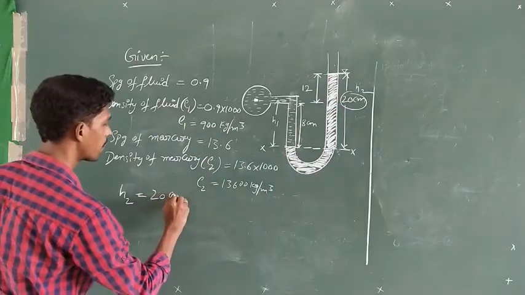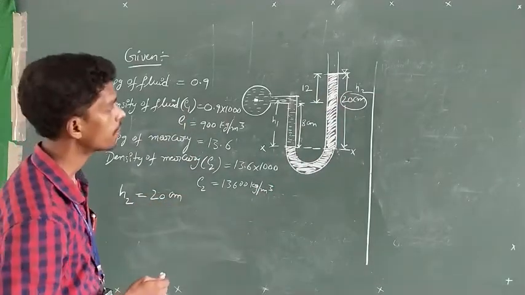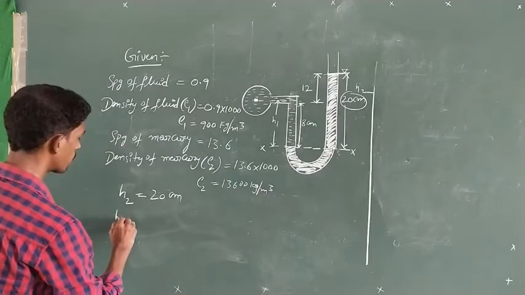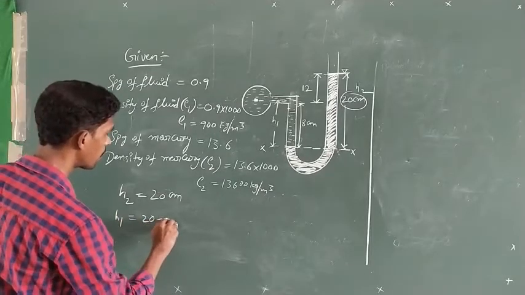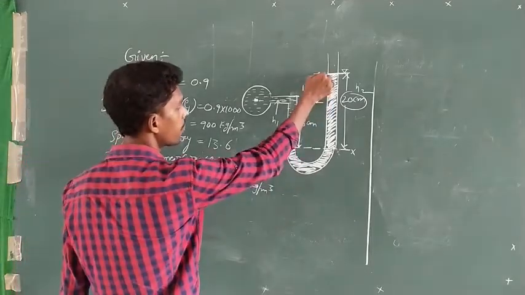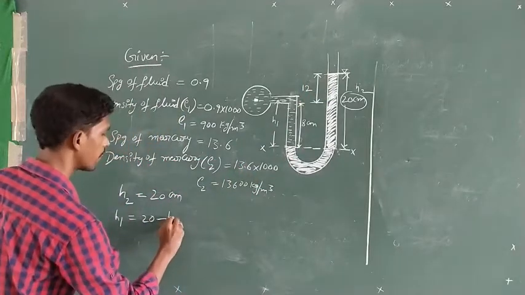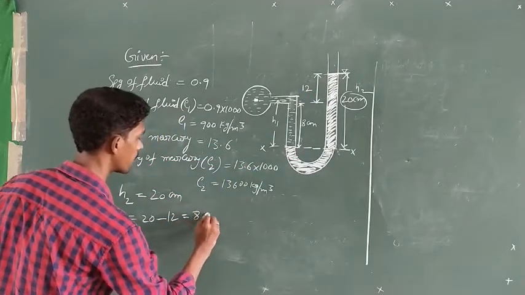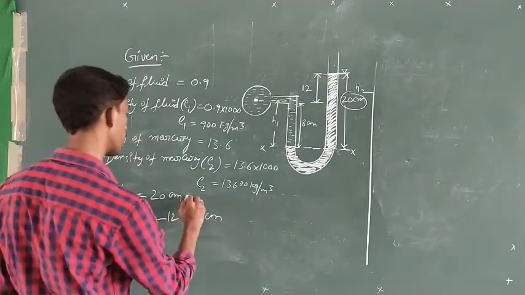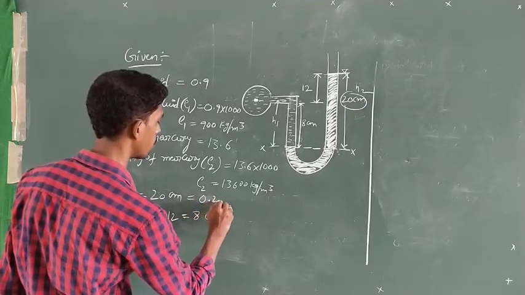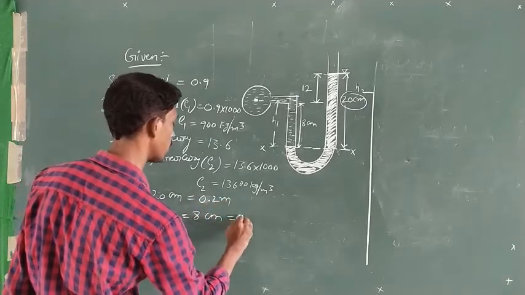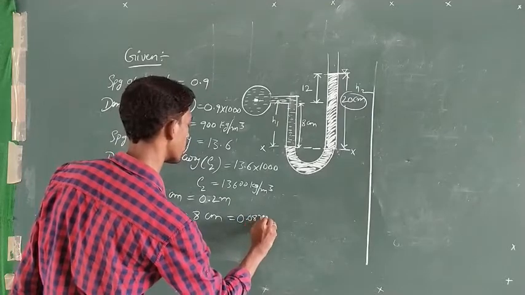So 20 centimeter is the H2, right? So H1 here, H1 is equal to 20 minus the level difference from the top which is 12, right? So it is 8 centimeter. So this one is 0.2 meter, this one 0.08 meter.